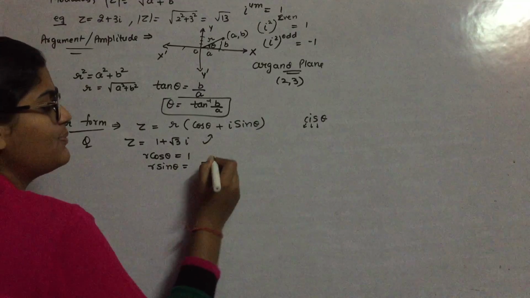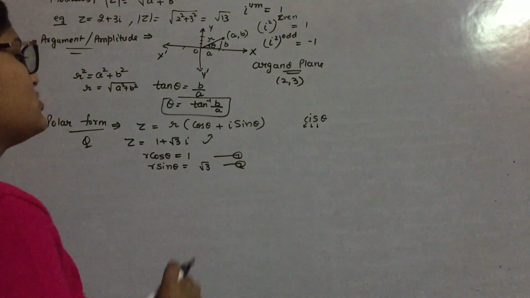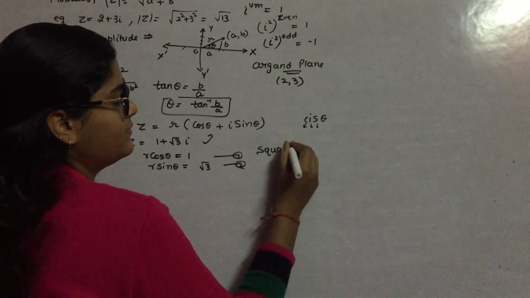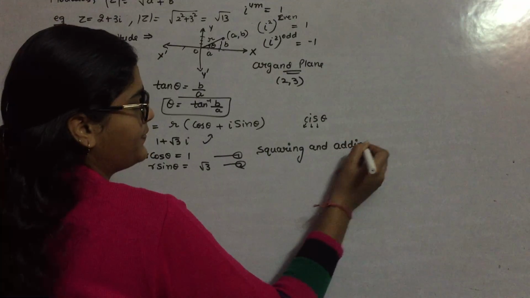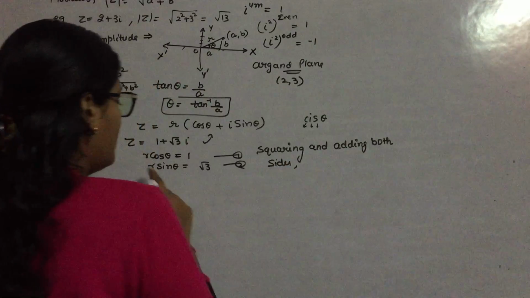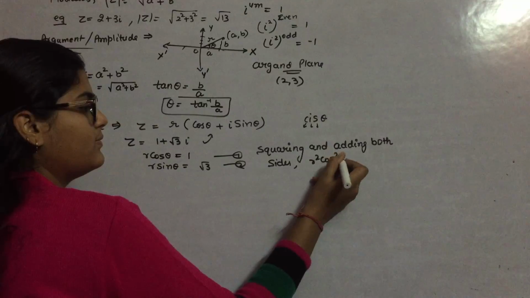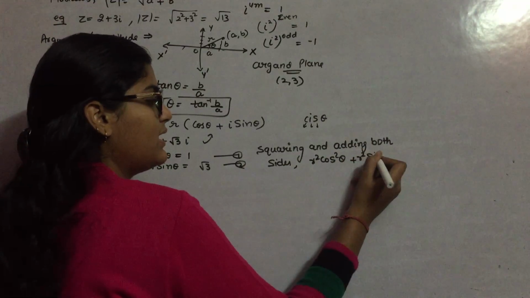Now your next step is to assume these two equations as 1 and 2, and square and add both sides. So the square of this gives r square cos square theta, plus r square sin square theta.